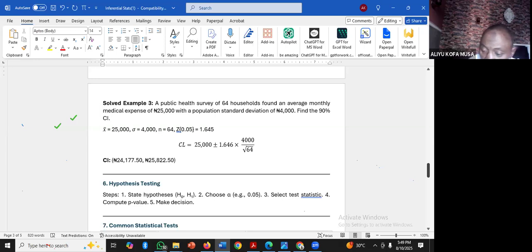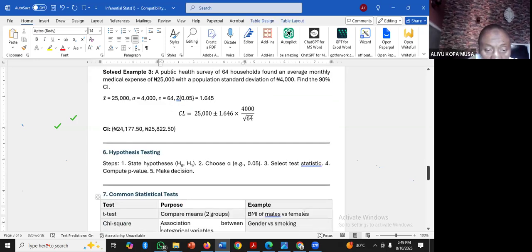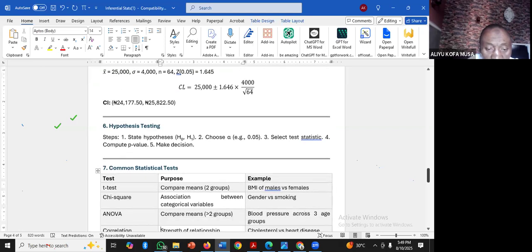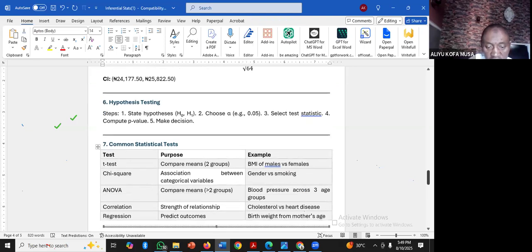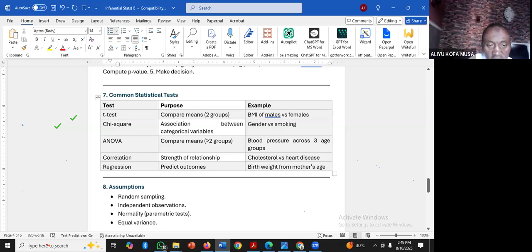One area you can look at, which we are going to discuss next week, is hypothesis tests. So I don't want to take you into this now.